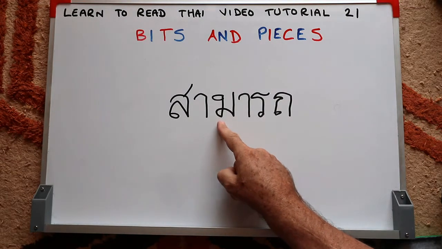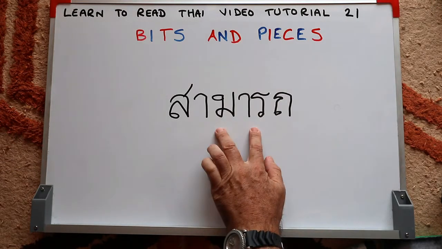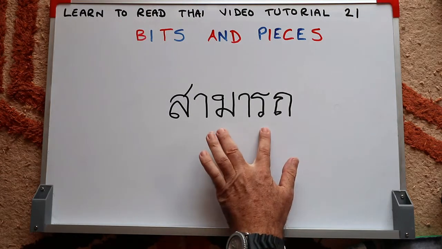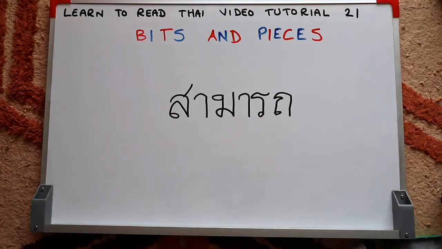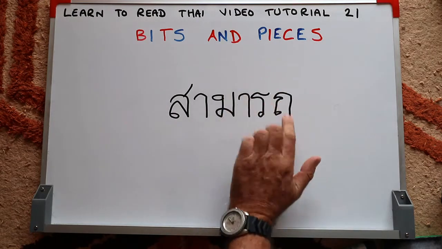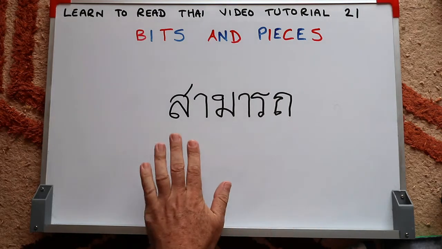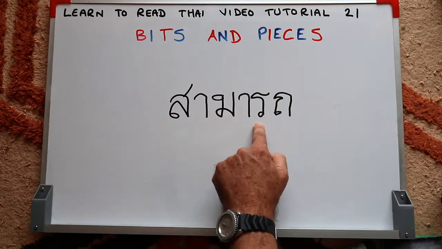Then the next syllable, we've got the M consonant, the long R vowel, and you might think, well, is that ro, rua the final consonant? And if it was, it would just leave this consonant stranded by itself. So it's not. So this is the second syllable. We've got sa, ma.